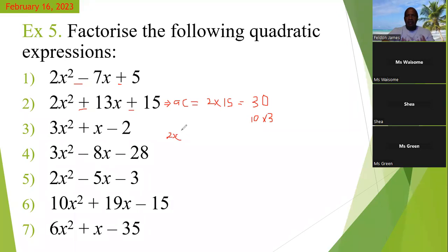So hold on a second. Note, student, that the two factors that we found are replaced in the middle term.